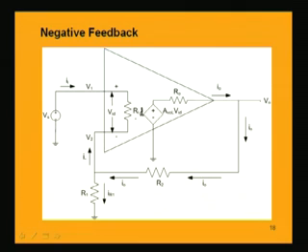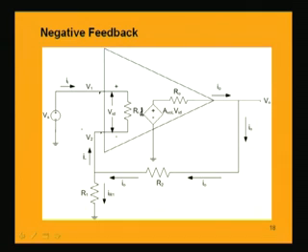What will be the input resistance Ri of the circuit? Suppose at these two points we have the resistance Ri, and we want to find out the input resistance of this circuit.